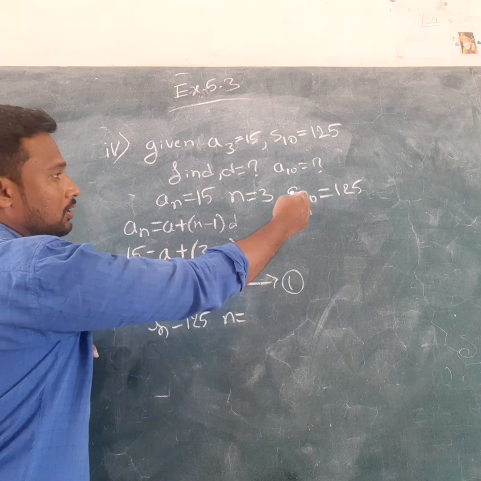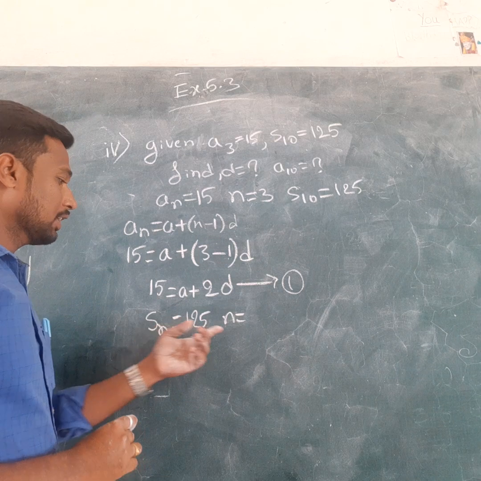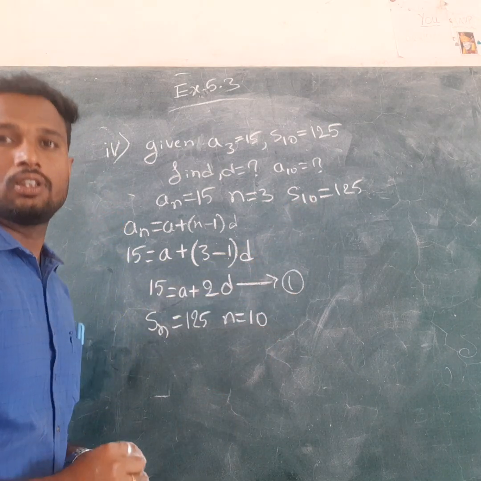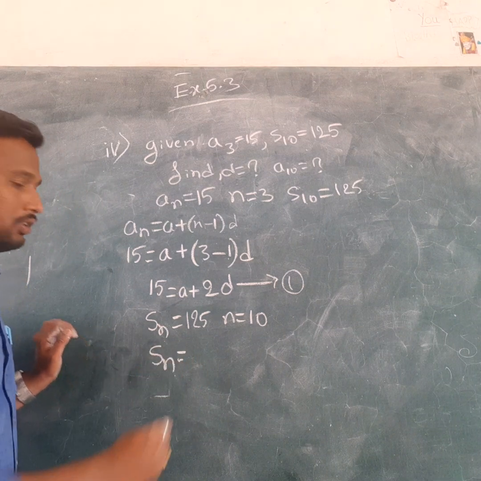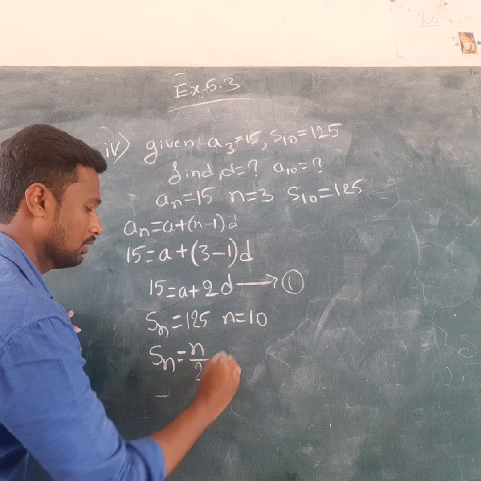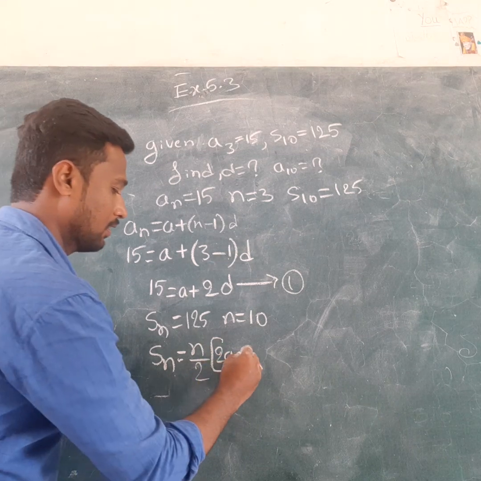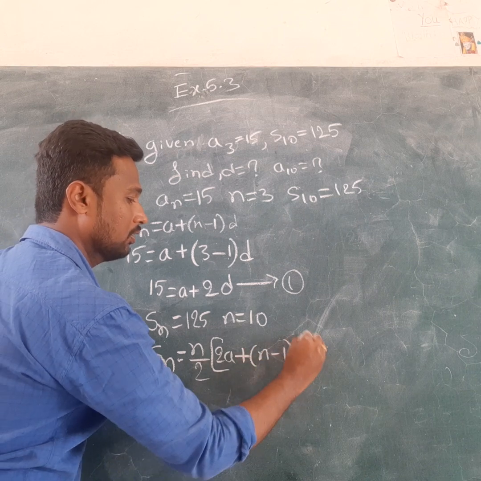Suppose Sn is 125, then the n value is 10. Okay. Next, what is the Sn formula? Sn is equal to n by 2 into bracket 2a plus (n minus 1) into d.